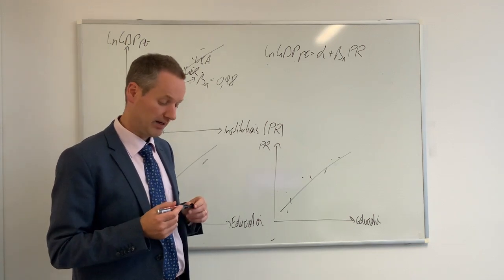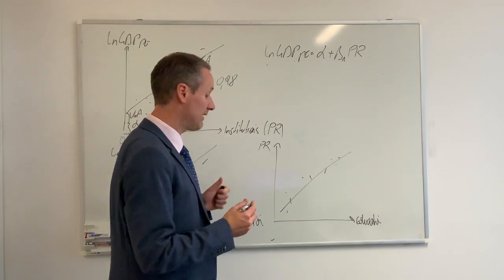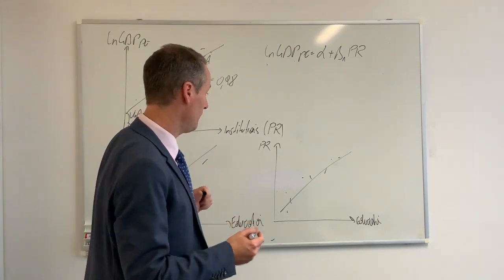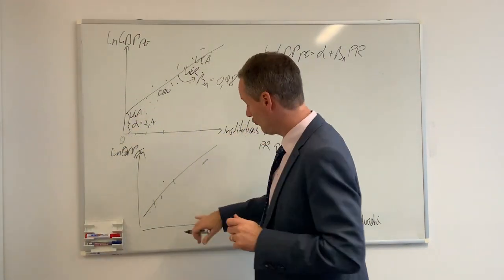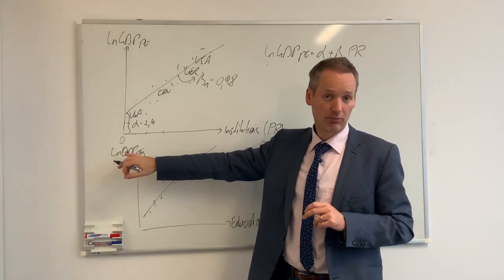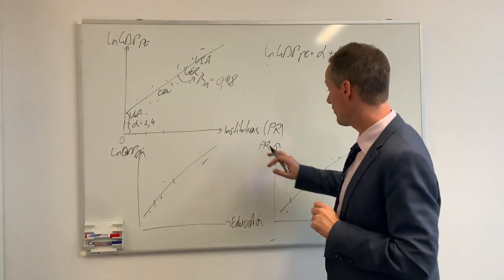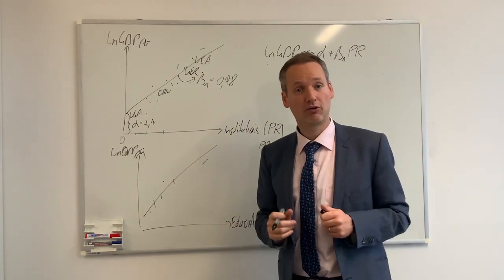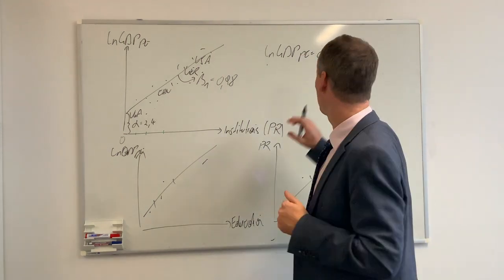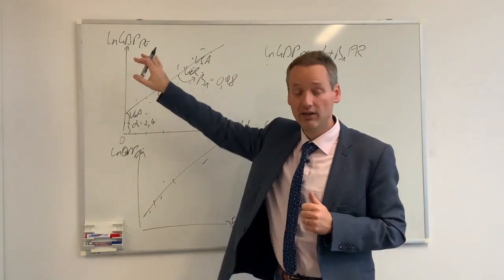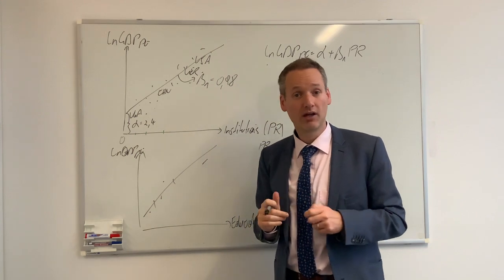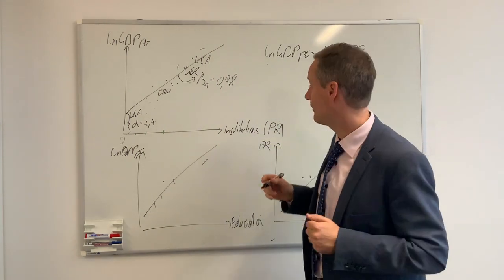So what problem do I then have? Well, it may be the case, this I don't know, that education is influencing GDP per capita, and that education is also influencing property rights, and actually that it's not property rights causing higher GDP per capita, but that all is running through education.